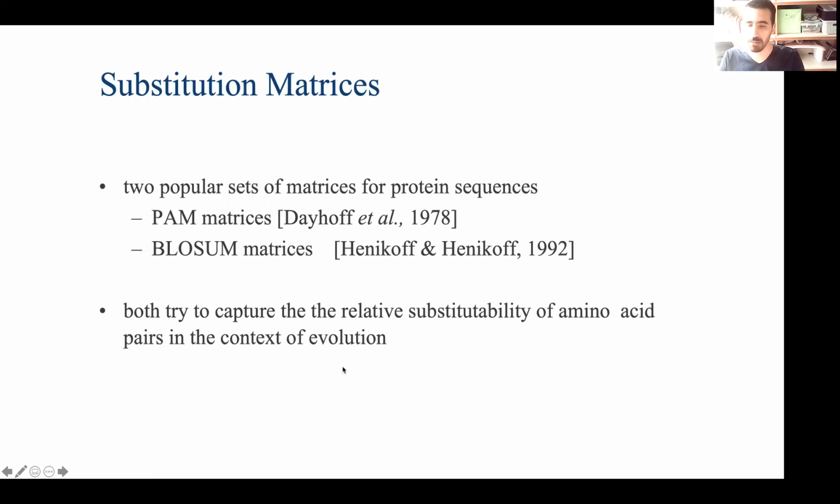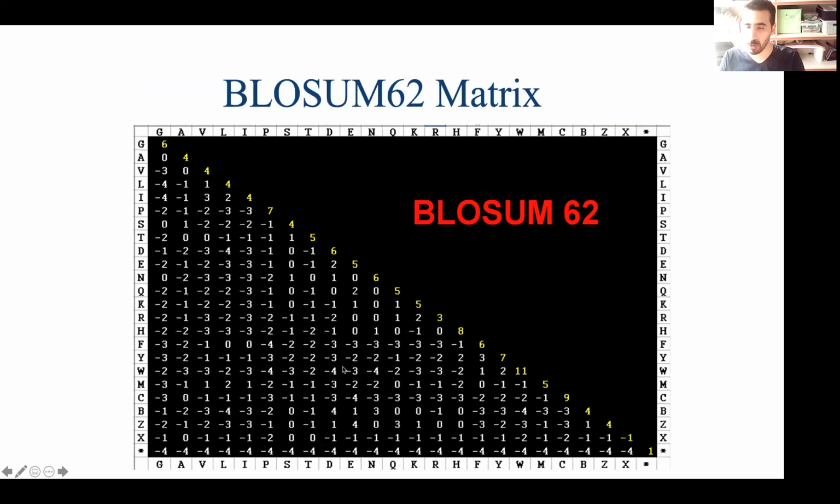BLOSUM is very popular and is still used. So this is how it looks. If glycine matches glycine, its score is 6. Proline is 7, it's higher. One interesting thing is tryptophan, which is 11. When tryptophan matches itself, its score is the highest.